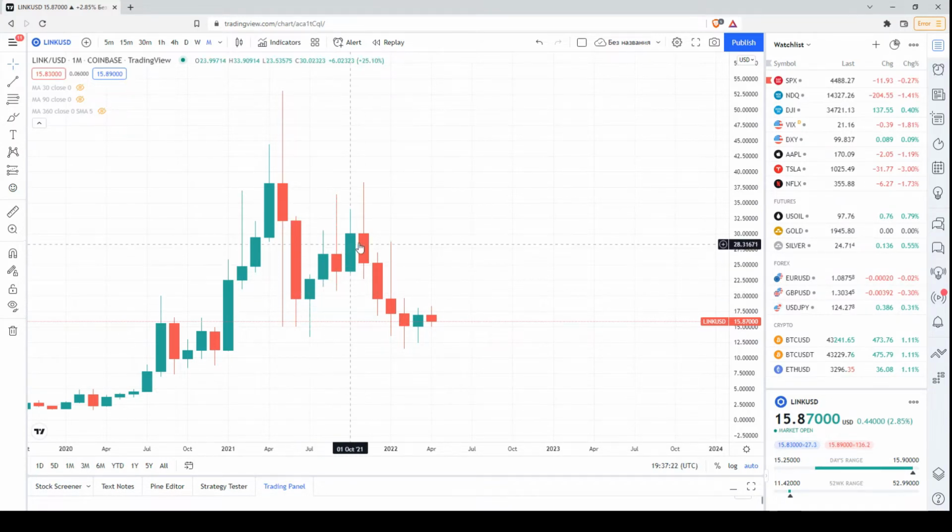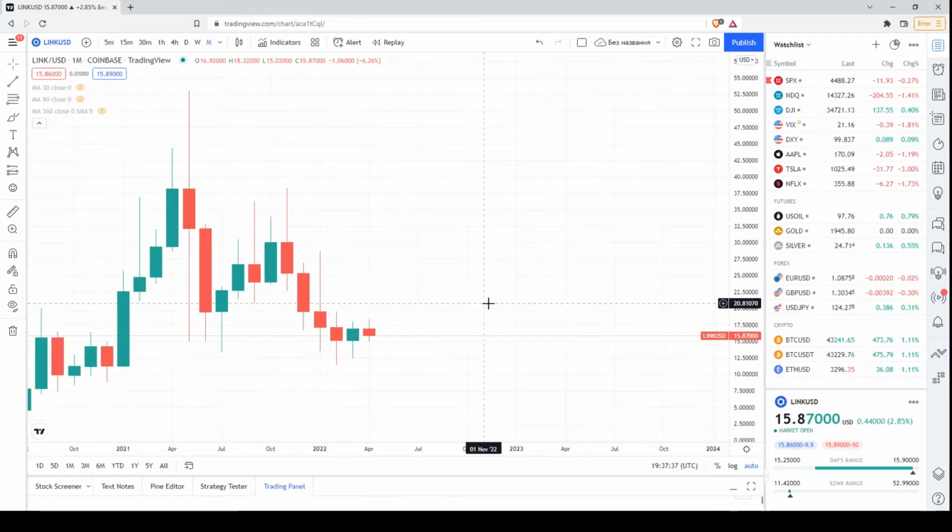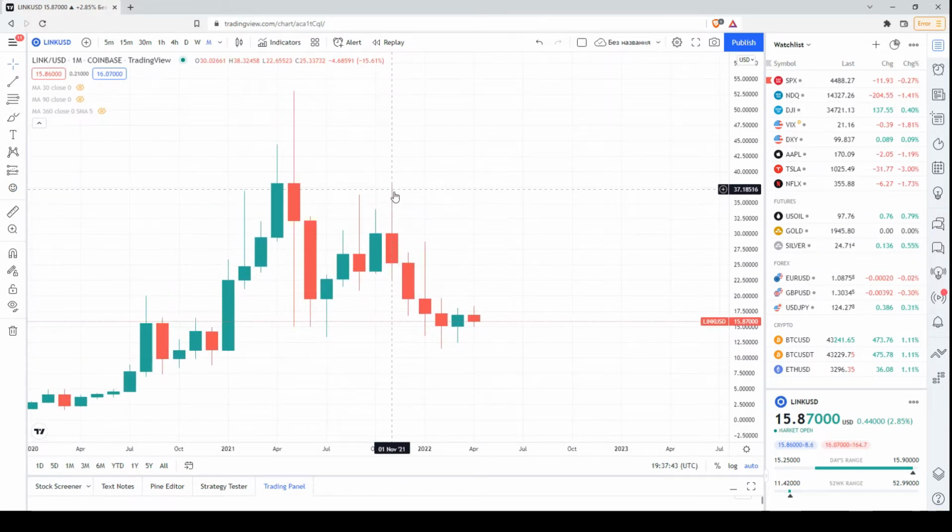The price rebounded, and in November, when the whole cryptocurrency market started the ongoing correction, the price of Chainlink started declining as well. Since then, there has been mainly a sequence of bearish candlesticks with descending maximums and descending minimums. So to some extent, this was a bearish signal.